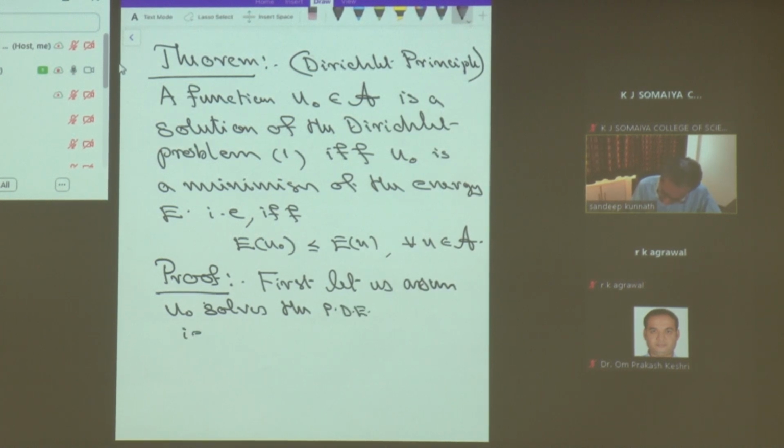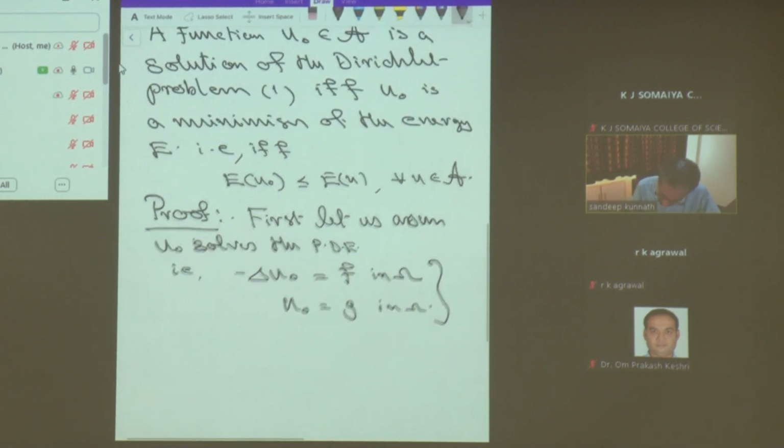That is, what we have is u naught solves the equation minus Laplacian of u naught is equal to f in omega, and u naught is equal to g on the boundary of omega. Okay.